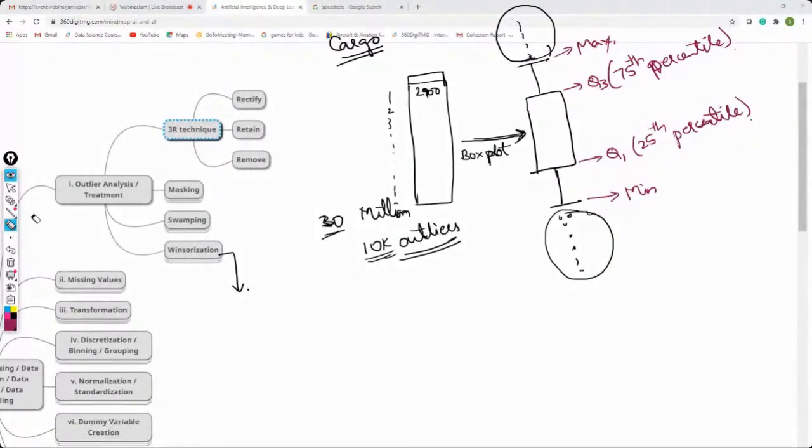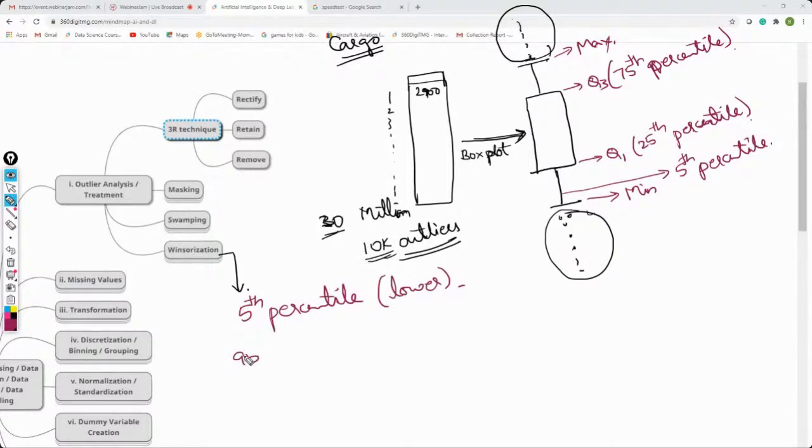Anyway, in Winsorization you have an option wherein you can take, say, the 5th percentile on the lower side, somewhere here, and the 95th percentile on the upper side, somewhere here.